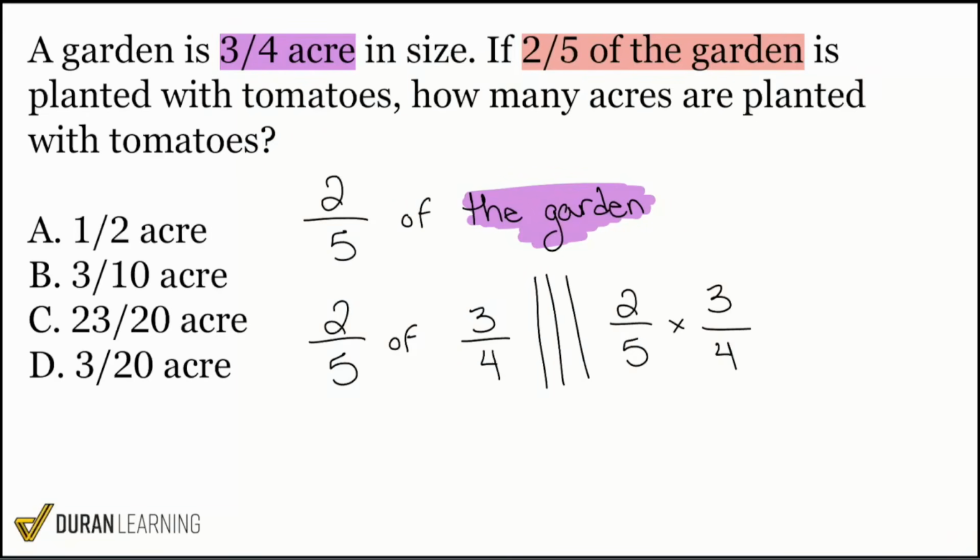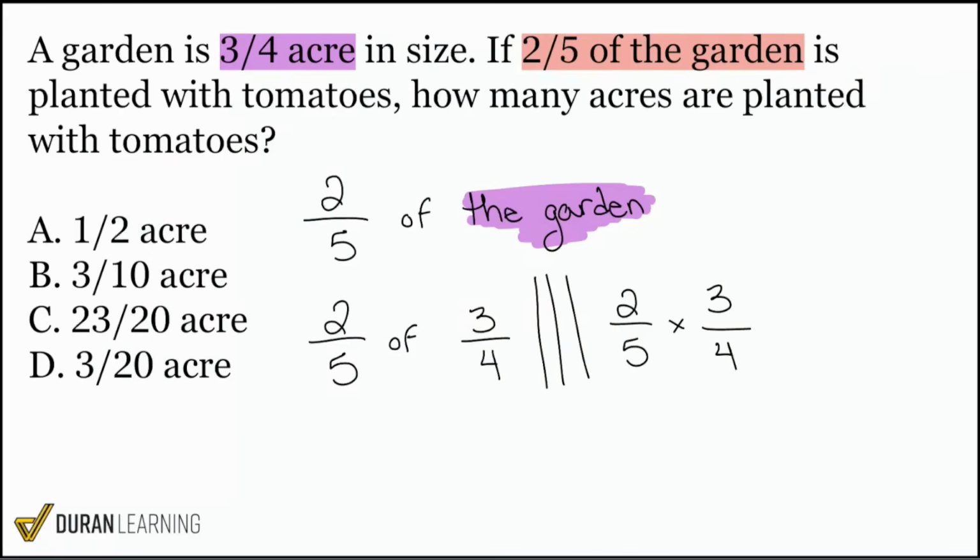The answer would just be 2/5. Because if it quite literally said 2/5 of an acre is planted with tomatoes, well, that's how many acres are planted with tomatoes. So that's why it's not going to be addition or subtraction.